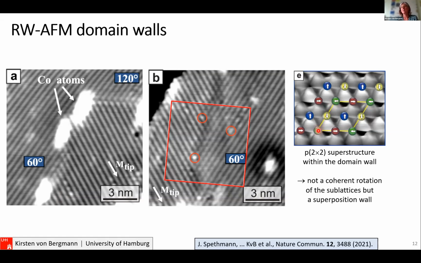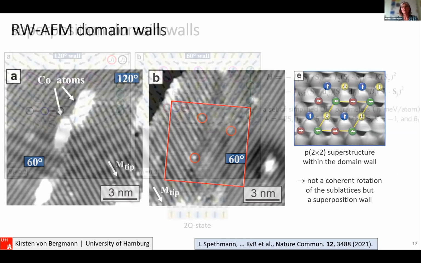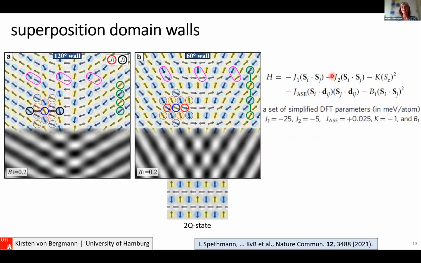And you already know that this has 4 atoms in the unit cell, and it could resemble a superposition state. And now that we have 2 rowwise states that sort of connect, we propose that this could be a 2Q state, as depicted here by these arrows. Definitely, we don't have a coherent rotation of the sublattices.